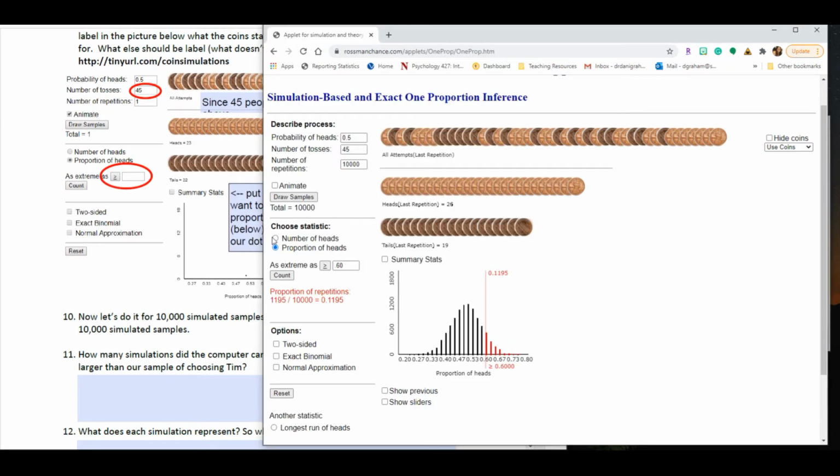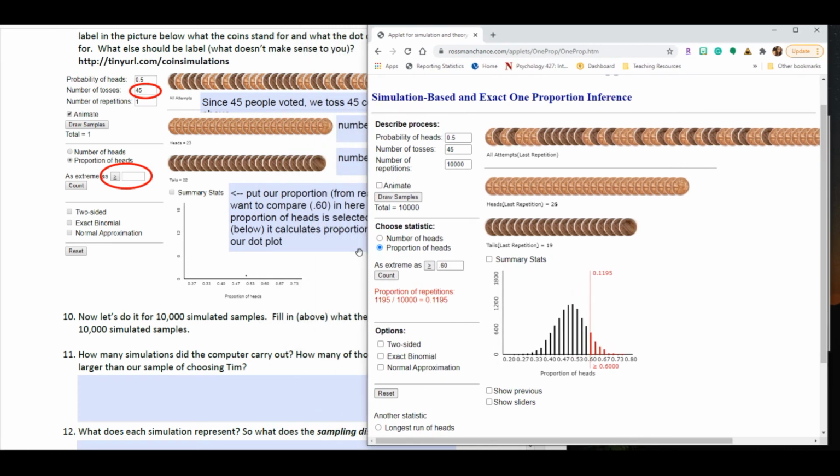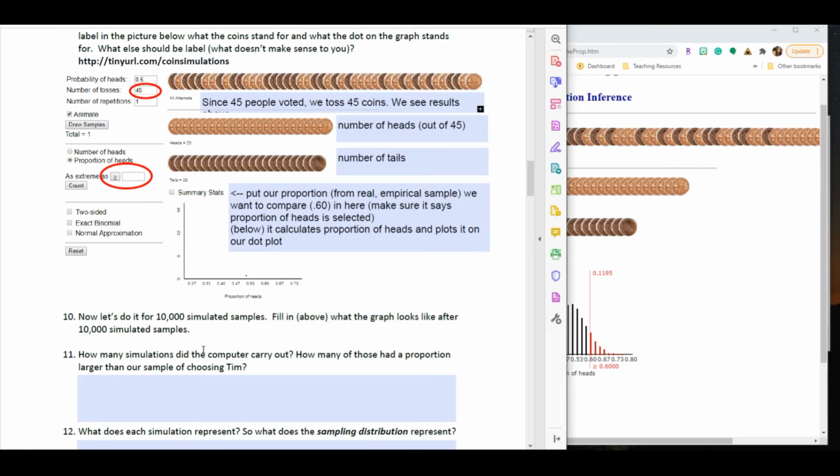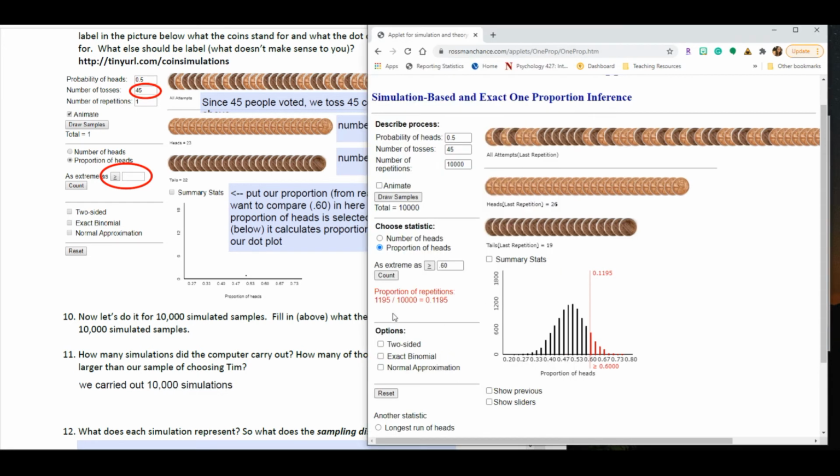So let's go ahead and answer our questions on our classwork down here. How many simulations did the computer carry out? We carried out 10,000 simulations, the computer did. And you can find that number either from the total right here, or here where it has it in red, the proportion of repetitions divided by the second number.